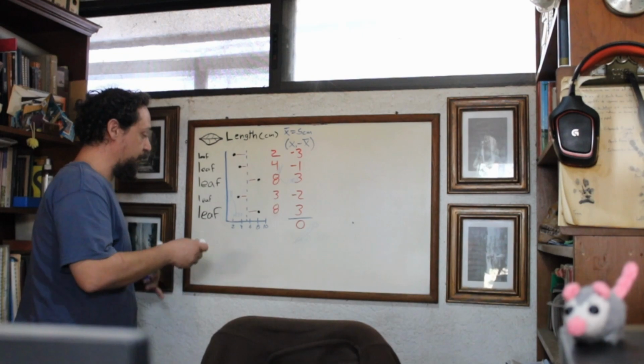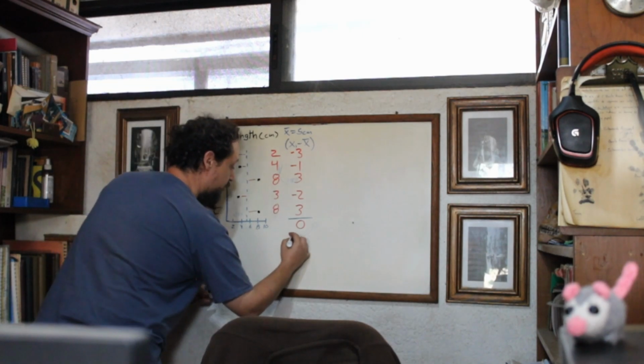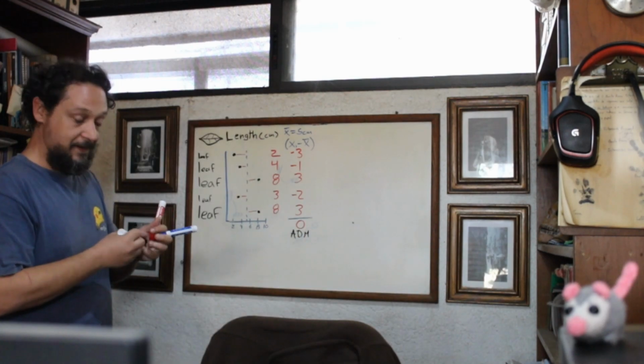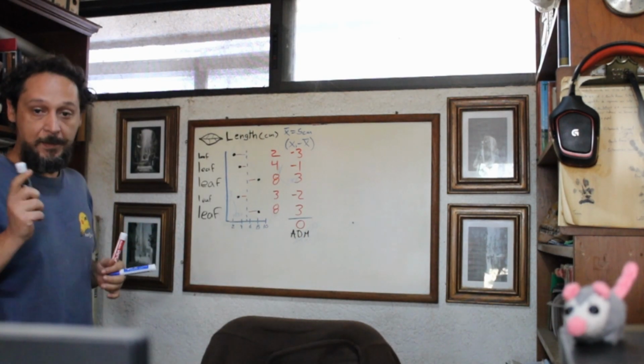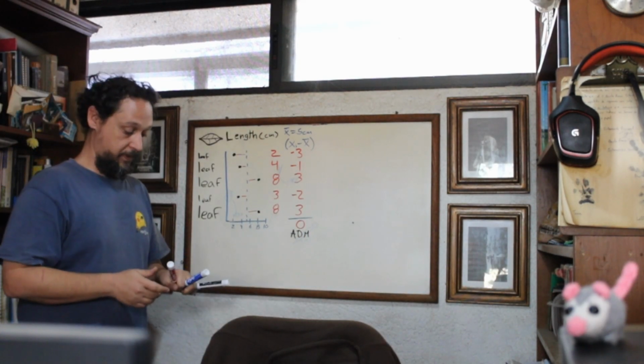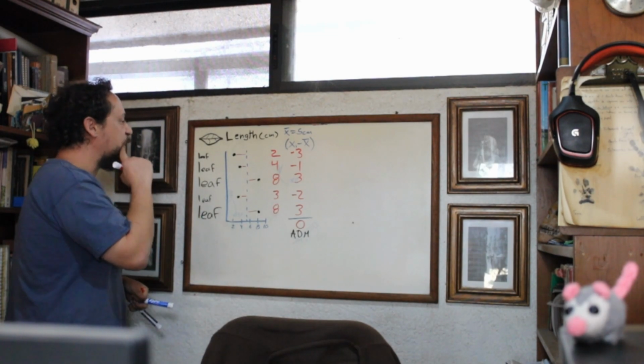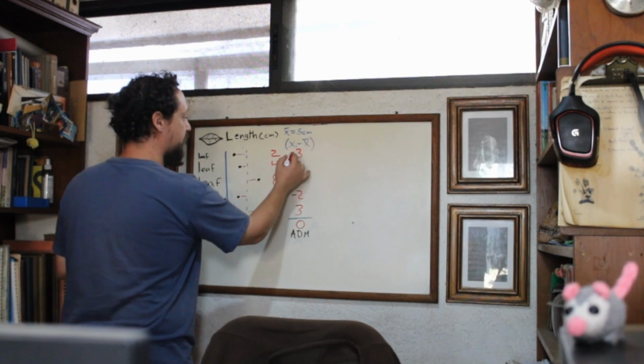Okay, so this is actually the average deviation from the mean, and what we want is the mean absolute deviation. What we do is just take the absolute value.